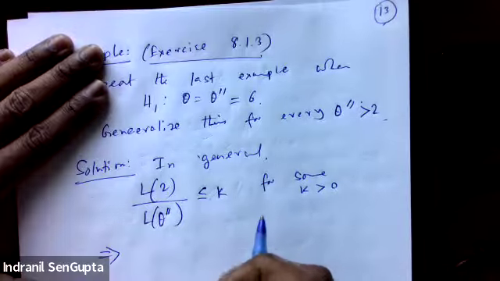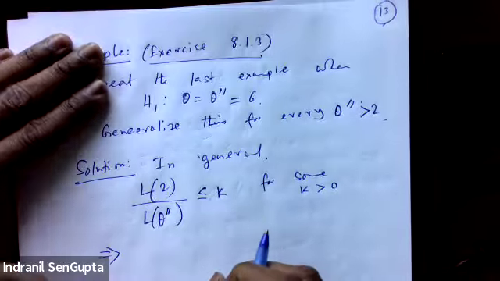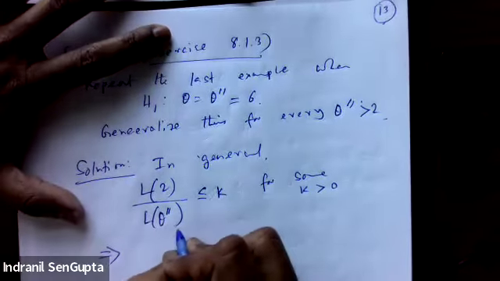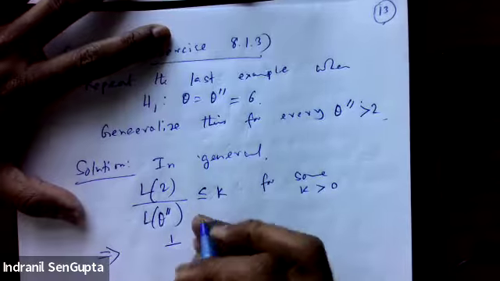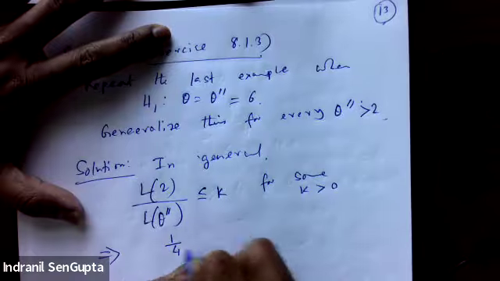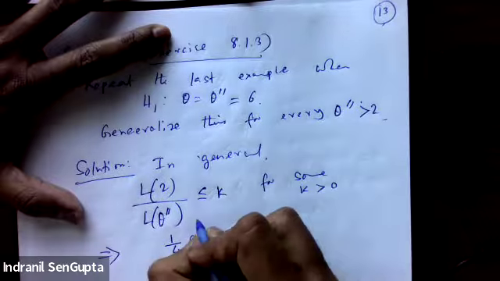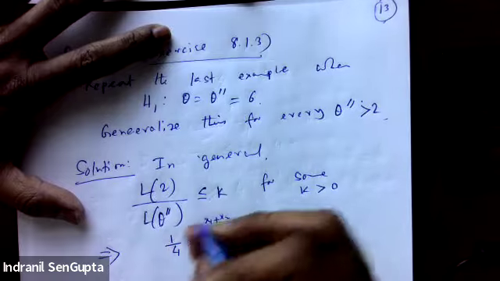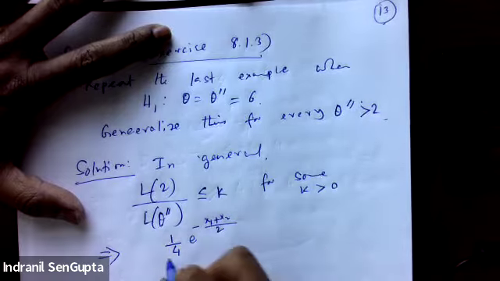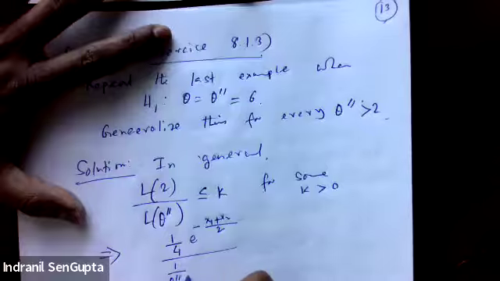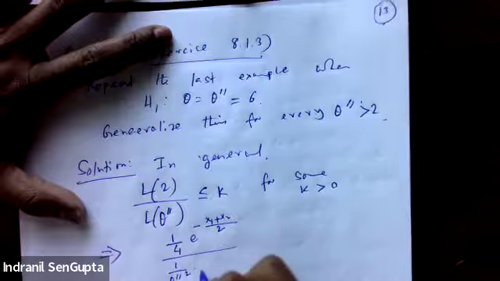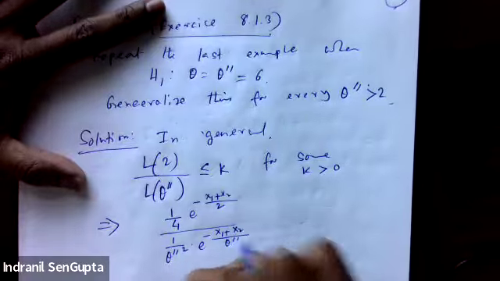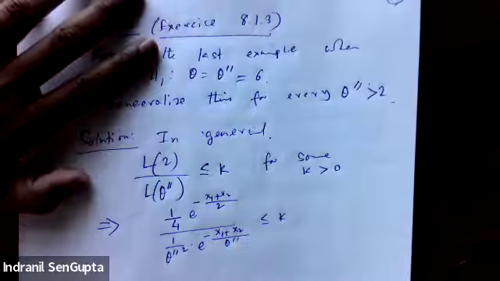With the same analysis which we have done earlier, it's basically 1 over 4 e to the minus (x1 plus x2) over 2, over 1 over theta double prime squared e to the minus (x1 plus x2) over theta double prime, less than K, right?